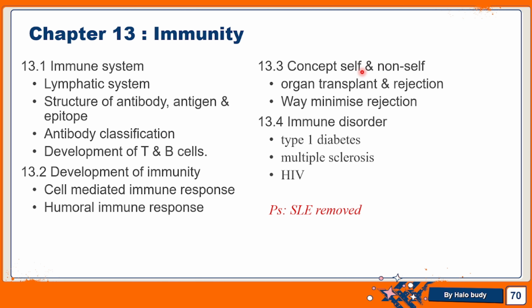Our healthy cells belong to us, so the immune system knows this cell is yours and will not attack it. But pathogens and viruses are recognized as non-self because they can harm you, so the immune system will take action to attack them.